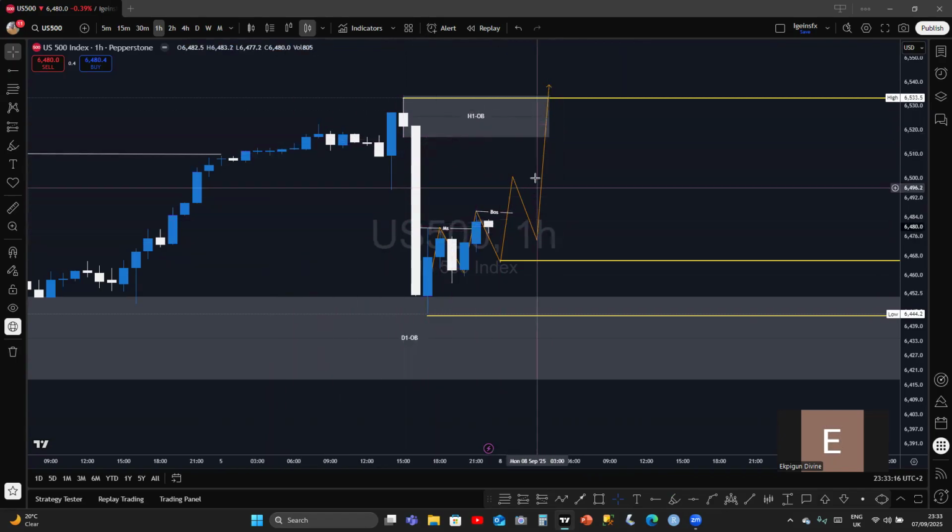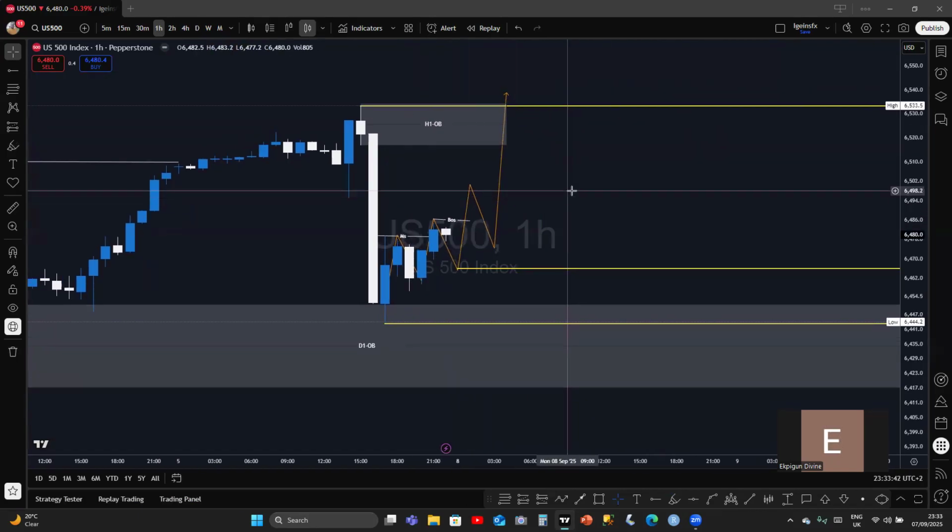Once price is approaching that level, you have to be very careful. If you're on the trade, then you have to watch very well to see whether it's going to push through, or once you start seeing a reaction, then you just go out and close your trade.